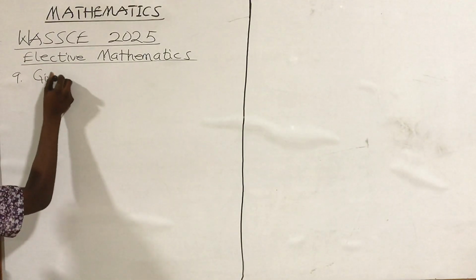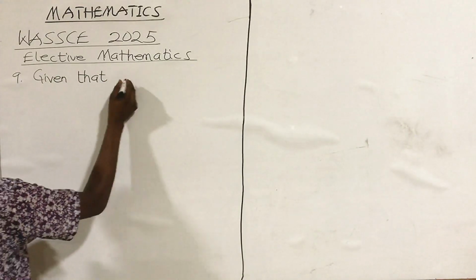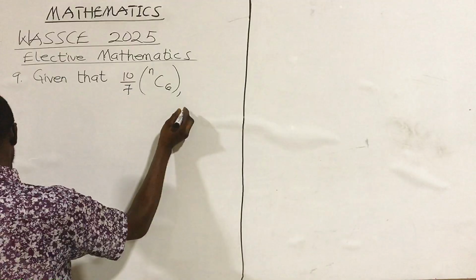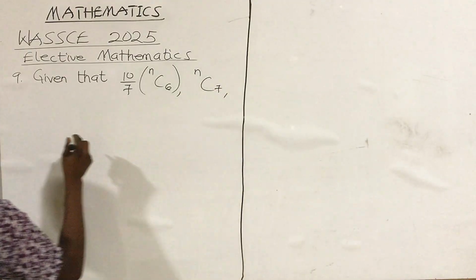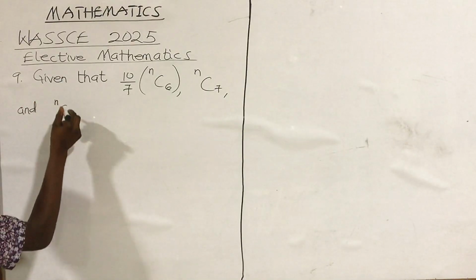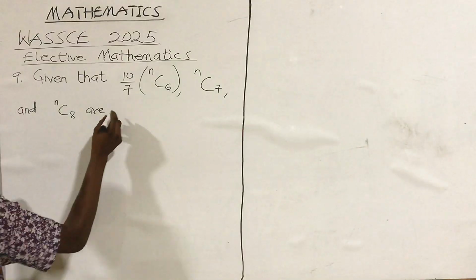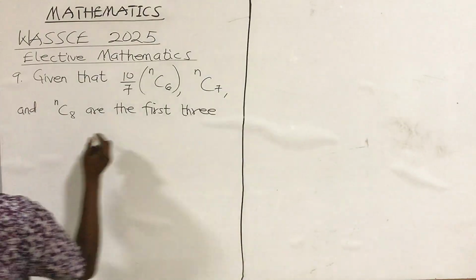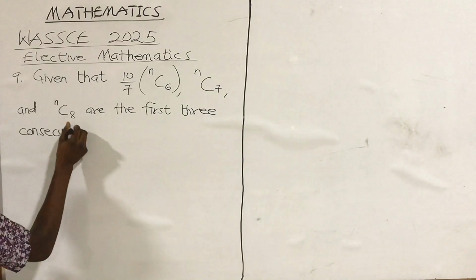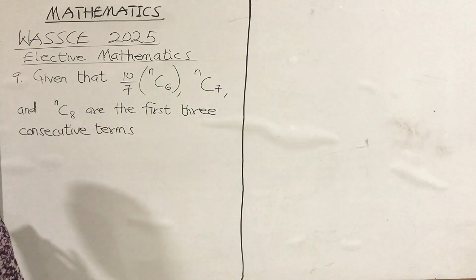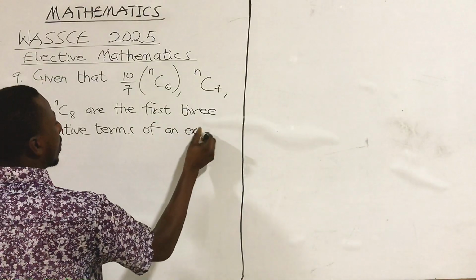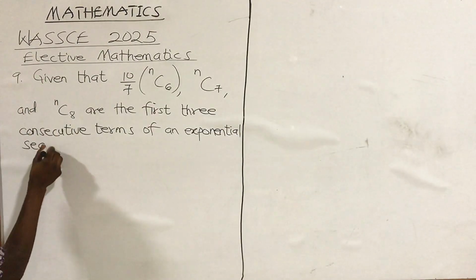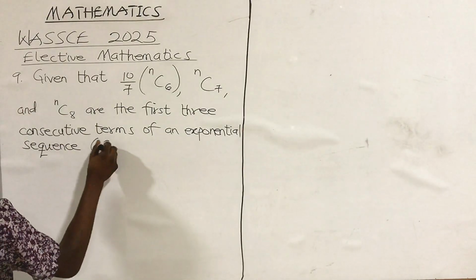Given that (10/7)(nC6), nC7, and nC8 are the first three consecutive terms of an exponential sequence (GP).